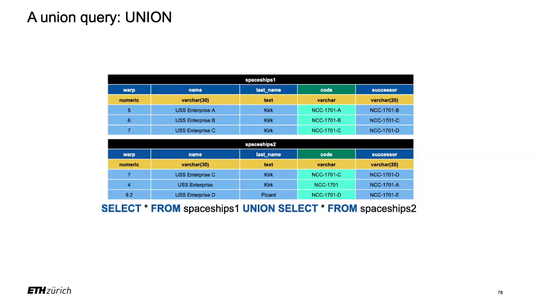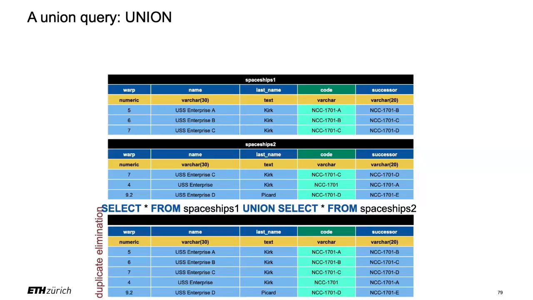You cannot do something like select star from spaceships, union spaceships2. That doesn't work. You cannot just union between two table names because union is not a table expression like the join. It's really an operator that takes a whole select query on the left and a whole select query on the right. Okay? And that gives you this table here.